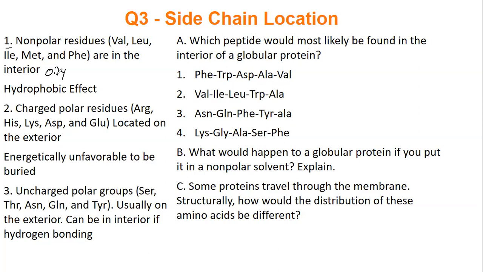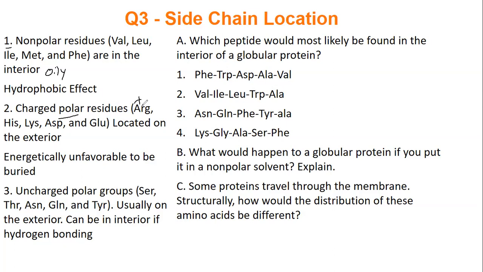Now, it's very, very unfavorable to put our charged amino acids on the inside. If a molecule is charged, it really wants to interact with other molecules. Arginine is positively charged, so it wants to interact with polar molecules and negative molecules. So our charged amino acids are on the outside of the protein.